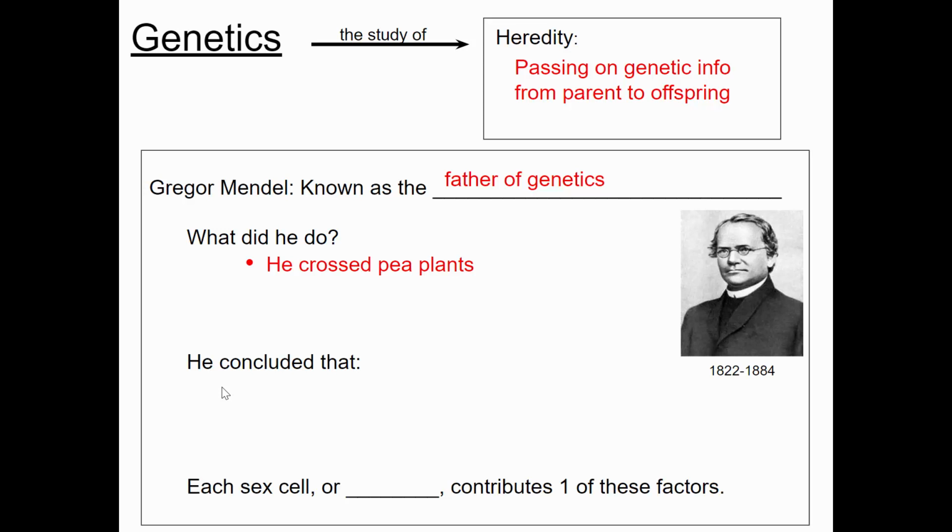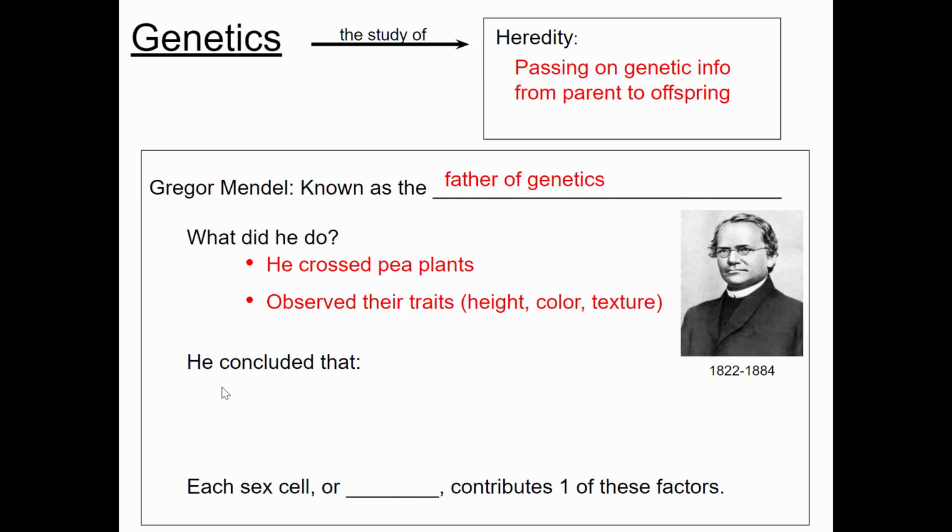And he started to see some patterns that allowed him to understand how these traits are inherited. He was looking at things like the height of the plant, the color of the flower, the texture of the pea. There are about 7 or 8 characteristics that he was looking at as he was doing these experiments. This was in the 1800s.